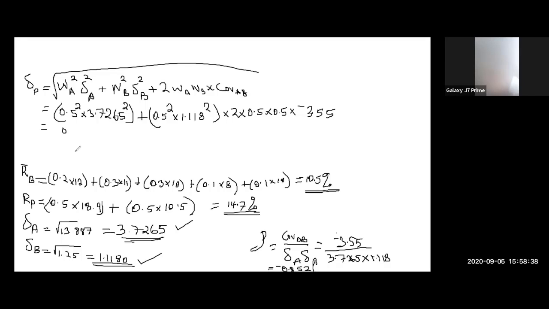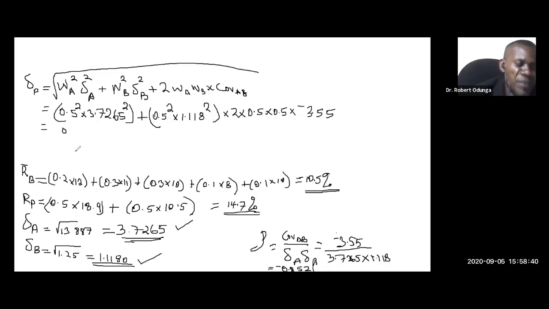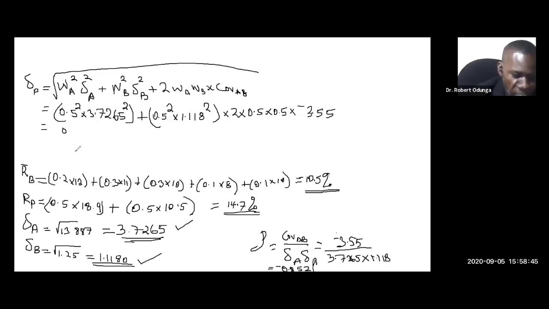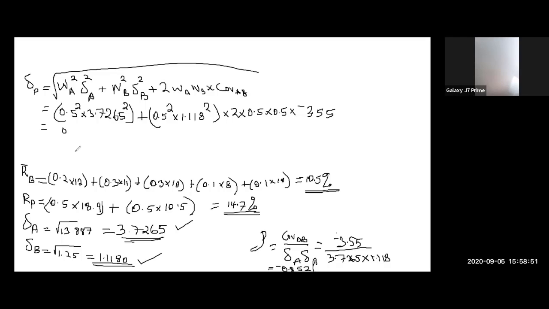0.5 square. When you square 0.5, you get 0.25, right? Yes. Multiply by 13.88786807, it will be 3.4717.